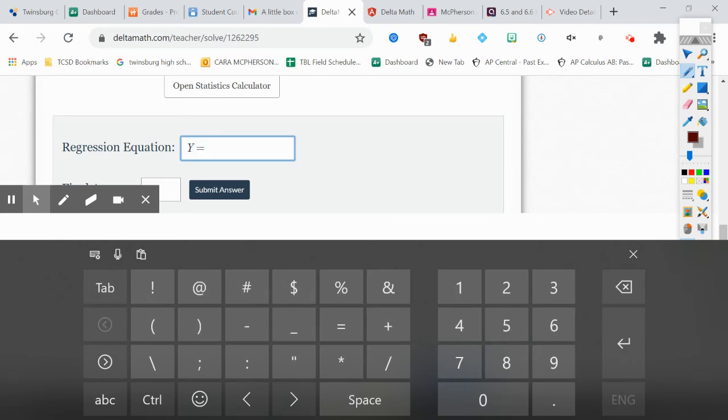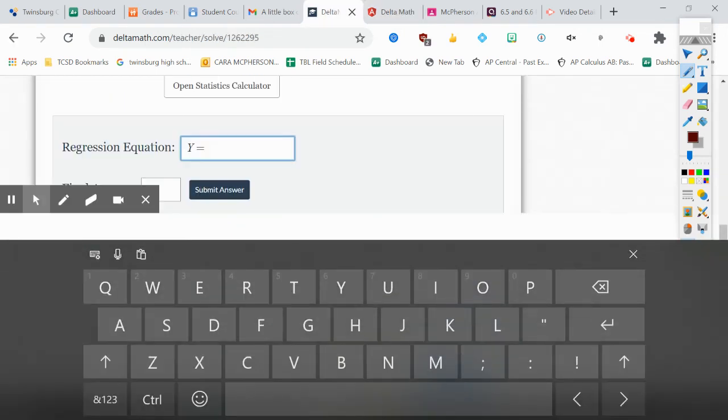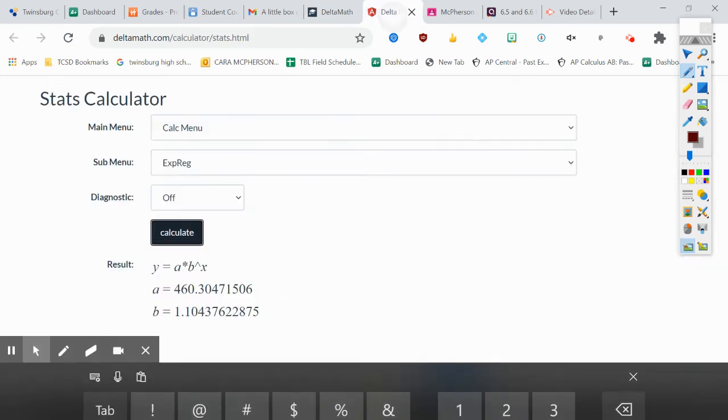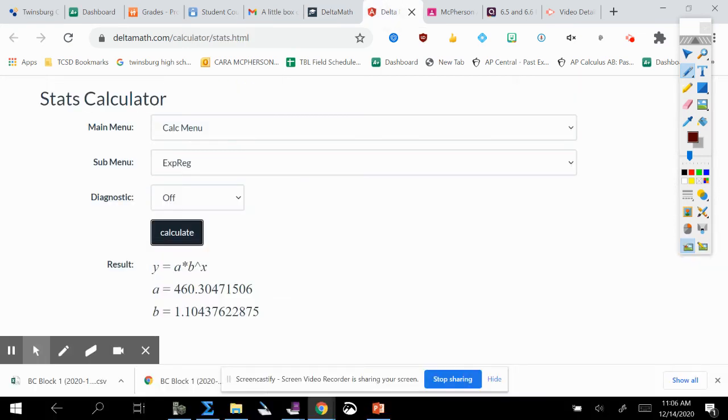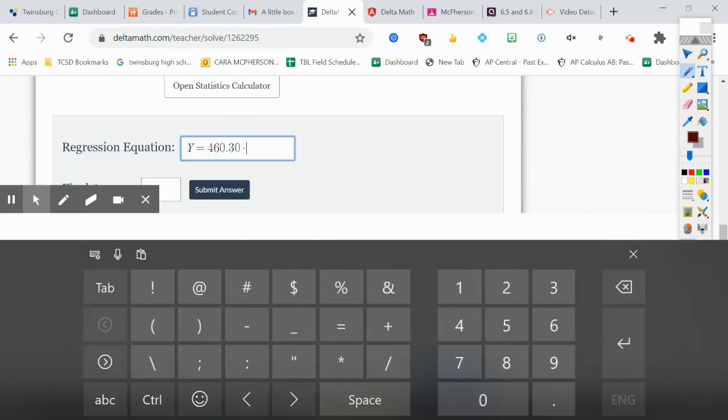Y equals 460.30, and then times, and my B value is 1.10 to the x power.